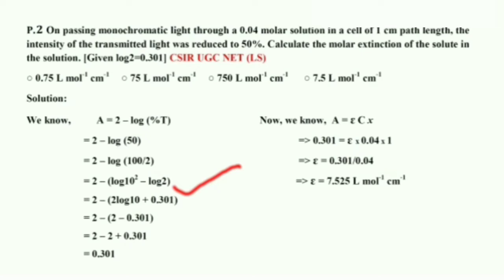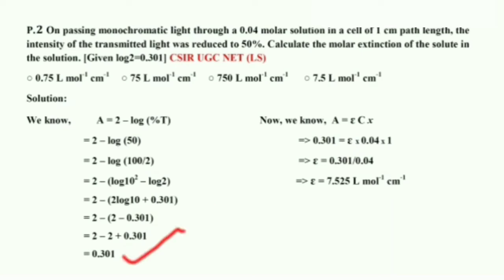So this implies A is equal to 2 minus 2 log 10 plus 0.301. Okay, and A is equal to 2 minus within bracket 2 minus 0.301, and simplifying it, we get the value of A is equal to 0.301.